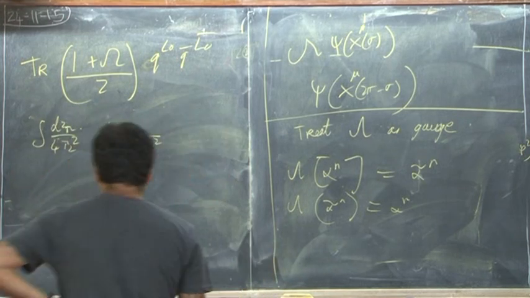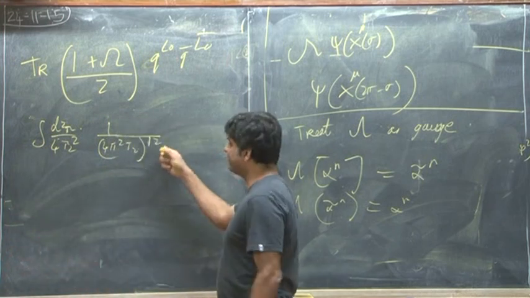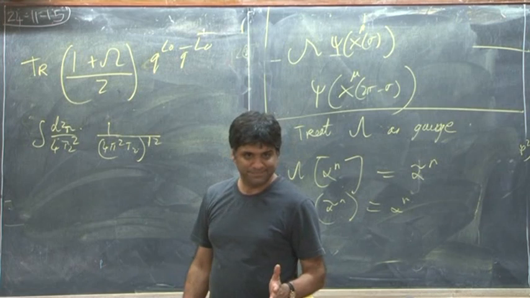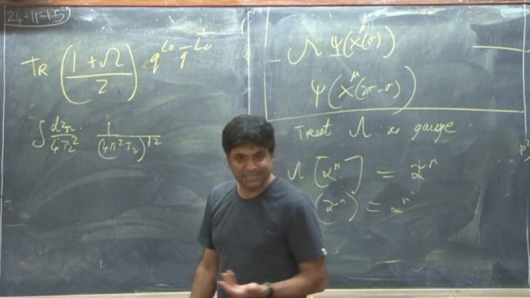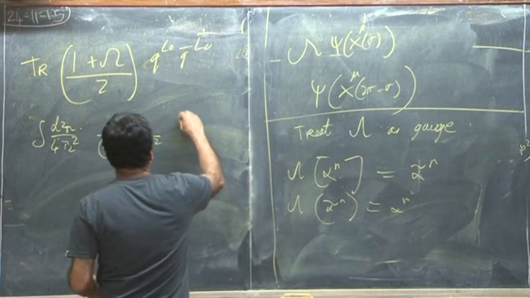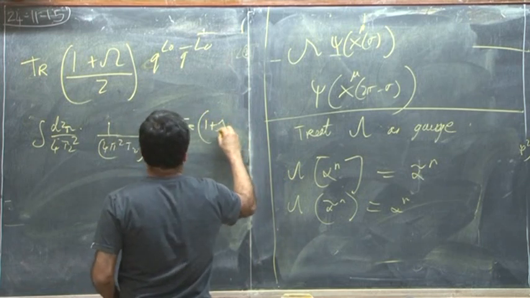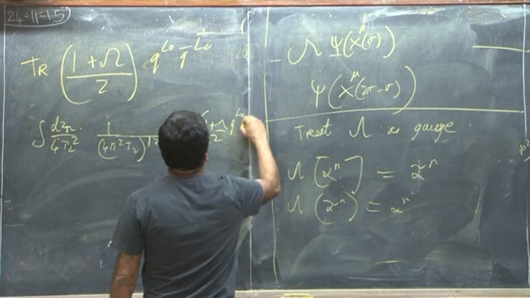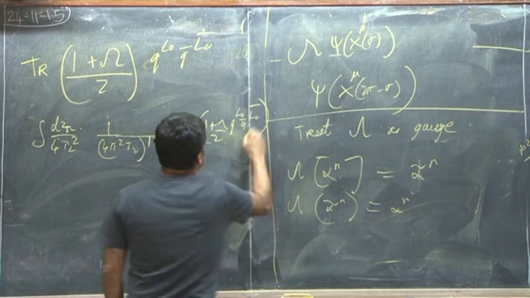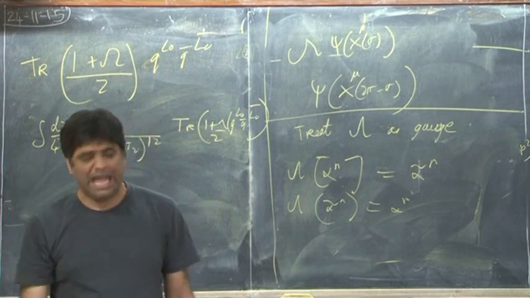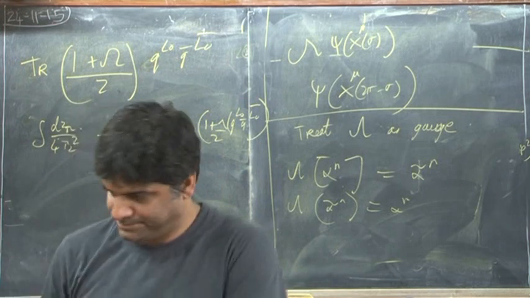But the stuff that gave us the etas is different. That stuff is to be replaced by the trace of (1 plus omega)/2 q to the power L0, q bar to the power L0 bar, where the trace is only over the oscillators and also includes the zero point energy.